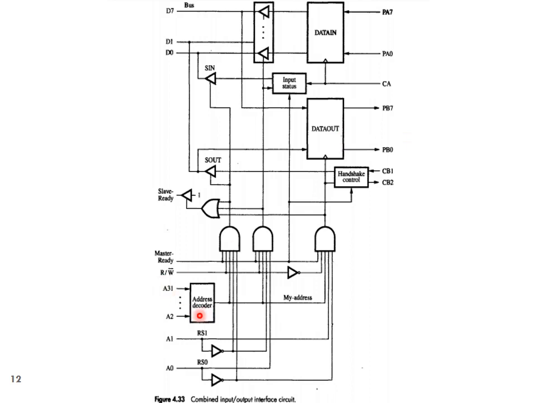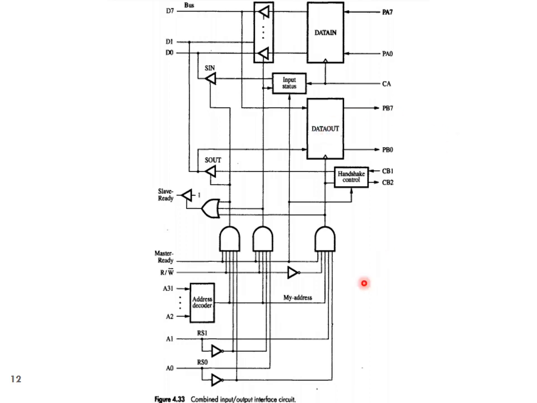As I mentioned before, here only 30 lines are used for identifying a device, that is A2 to A31. Then I have the two lines A0 and A1 which are used to differentiate between the different reading and writing operations, and the different combinations of these A1 and A0 are taken as RS1 and RS0 to decide whether I want to read an S out value or read an S in value or read something from the data in register or write something from the data out register to the printer.